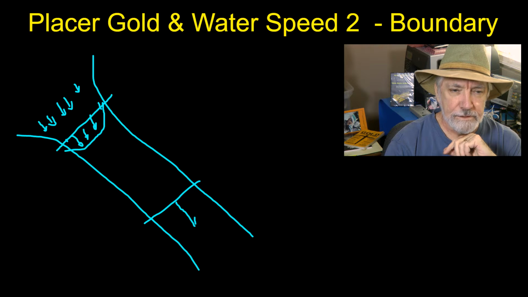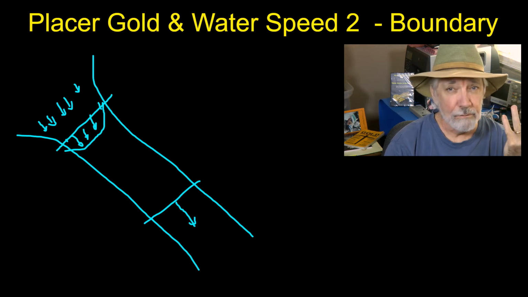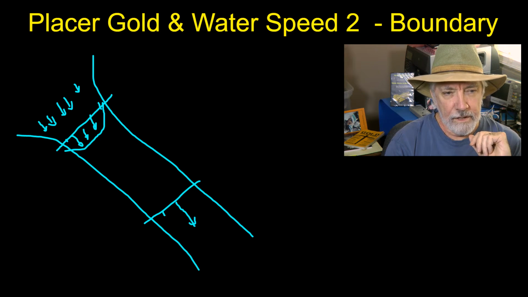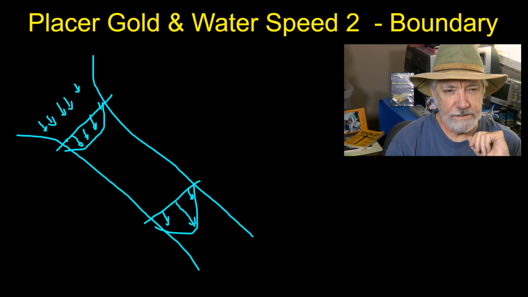This presumes there's no other obstacles acting as boundaries or impingements and no other interfering flows coming in. It means this looks more like a parabola, a standard parabolic or Gaussian curve. And if we drew our velocity profile, it looks more like this.